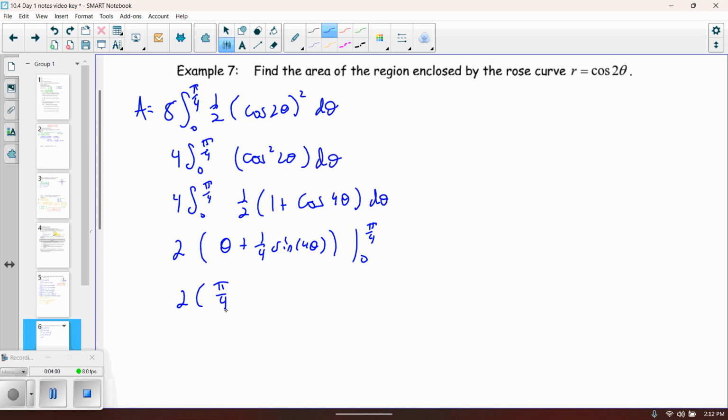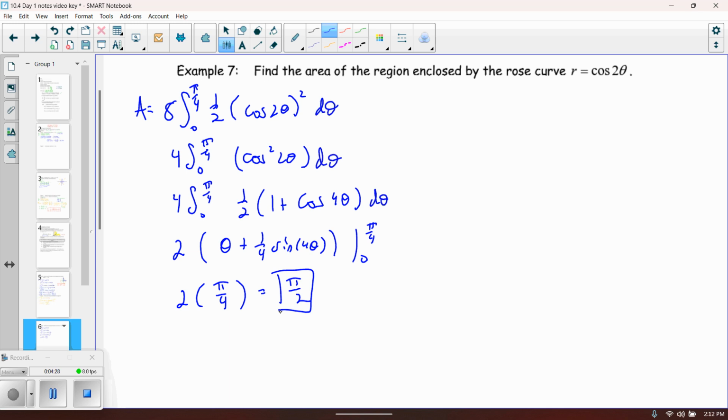Plugging pi fourths into the sine of 4 theta gives us the sine of pi. That's 0. That's gone. Plugging in 0 for both of the thetas is also going to give us 0. So really what we get is 2 times pi fourths, which is just pi halves. So our area is pi halves. And that's for the entire rose curve.